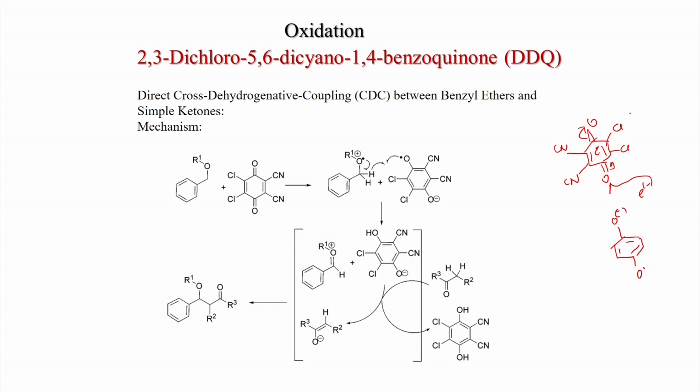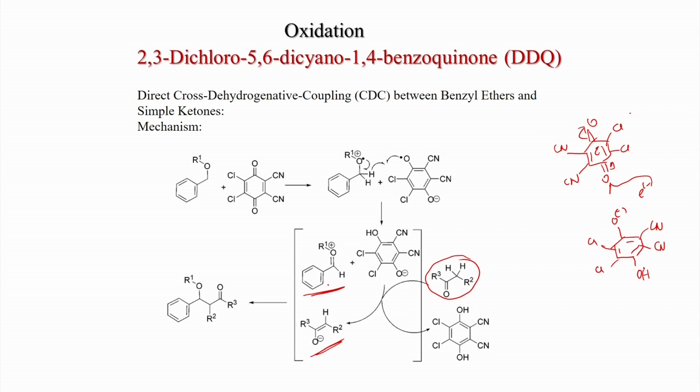And what happens now, again this H dot will go to this O dot, and it will give the OH, and because there are two radicals, now this bond will form. So, oxonium ion will form, and you get the anion. Now, this goes to OH, and this you get CN CN Cl Cl, and this O minus then reacts with the ketone to generate the enolate, and this already is oxonium ion.